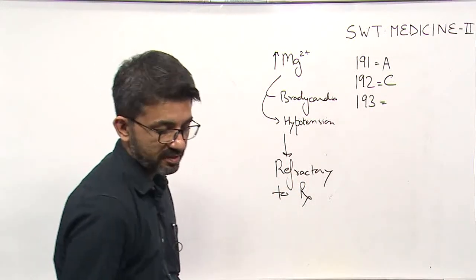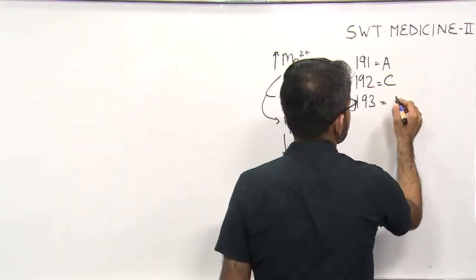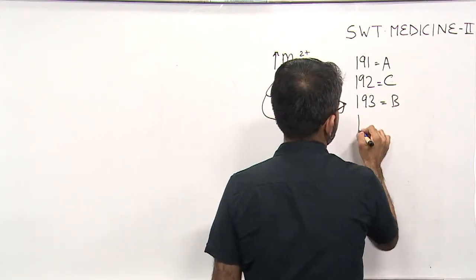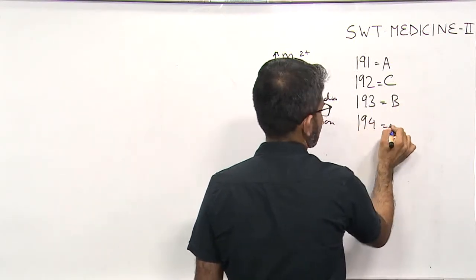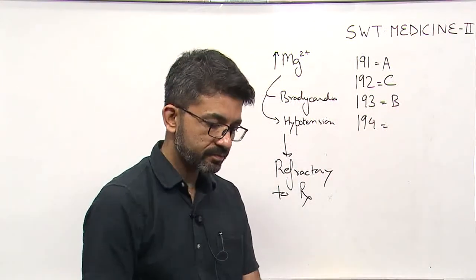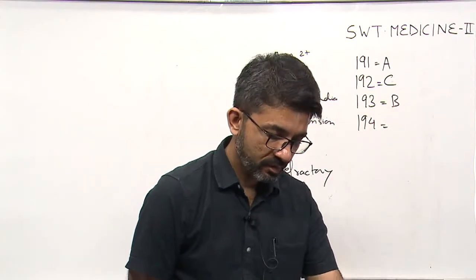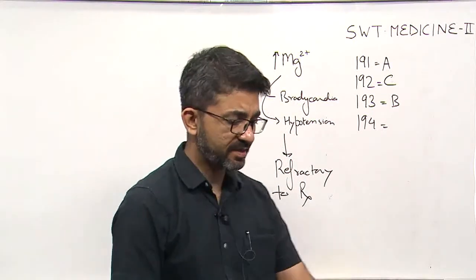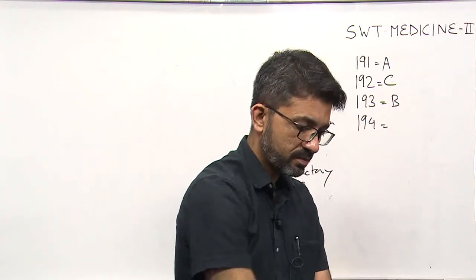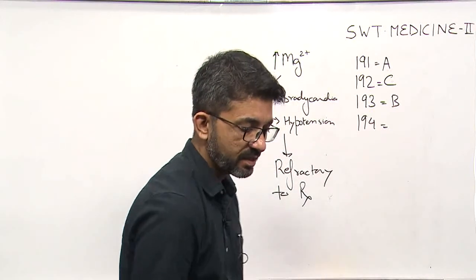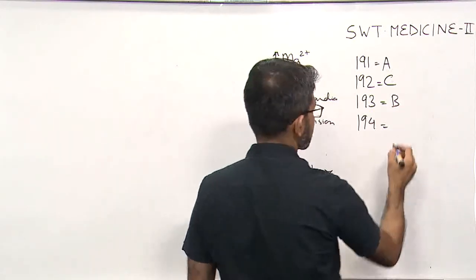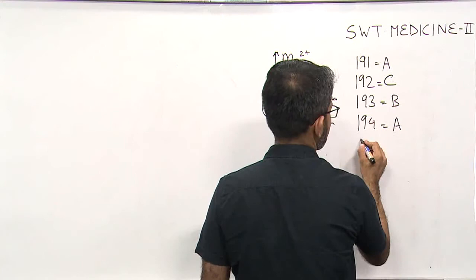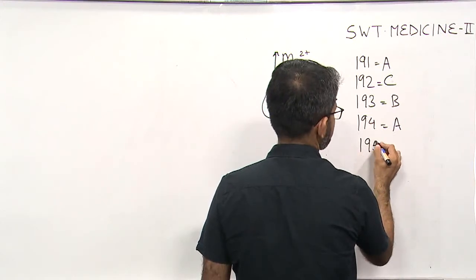Refractory to treatment. So, answer of 193 question is B. Question number 194. Spinal shock, very similar, in fact exactly similar to hypermagnesemia. Answer is hypotension with bradycardia. Answer is A.